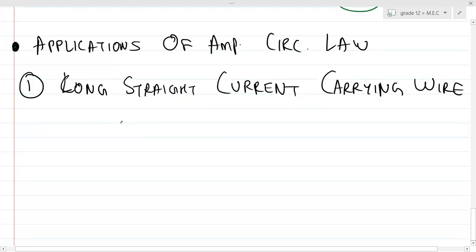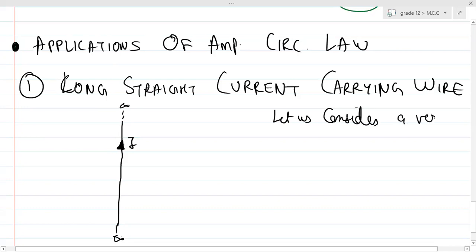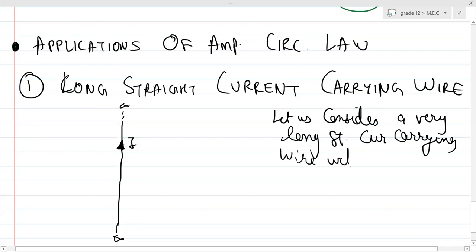This part is there in your school syllabus, so we'll write 'let us consider' and so on. Guys, can you see? Let us consider a very long straight current carrying wire with current I going upward.